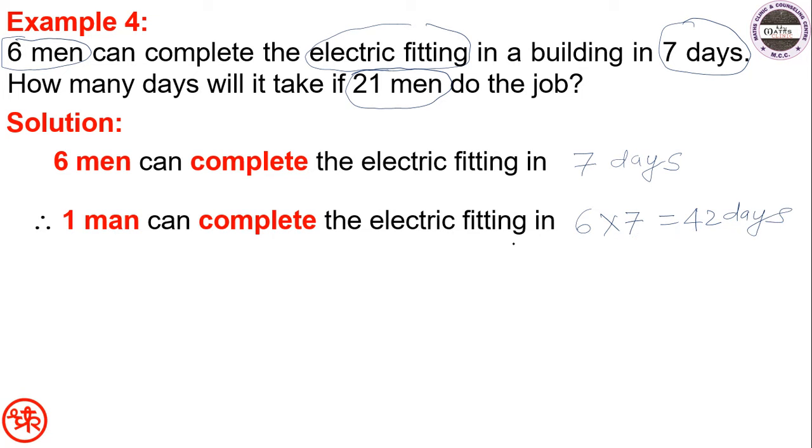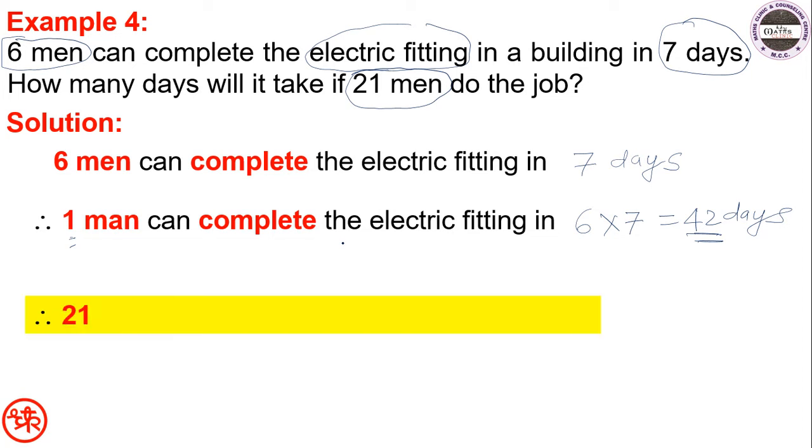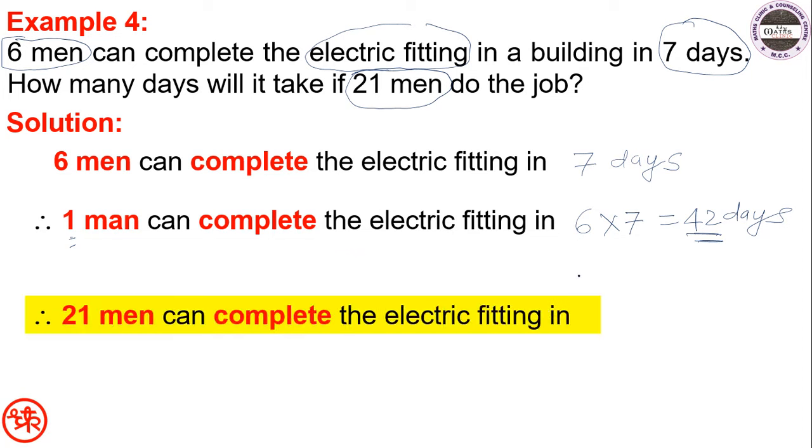Now, therefore, 21 men. 21 means what? This is one. The number of days required by one man is 42. And if men increase to 21 men, that will be 42 by 21. And therefore, 21 men can complete the electric fitting in 42 divided by 21.